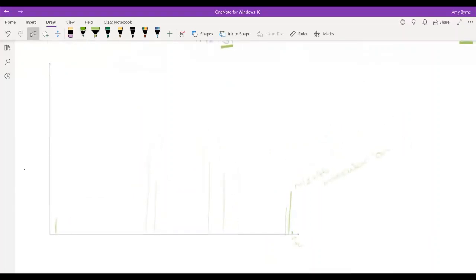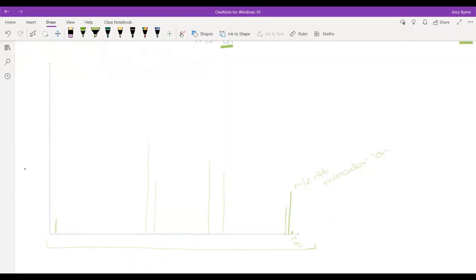So this is what one of those graphs will look like. Now, this is obviously a very sketchy one, but when you look at it in your exam, you will get numbers along here, and it will be to scale.